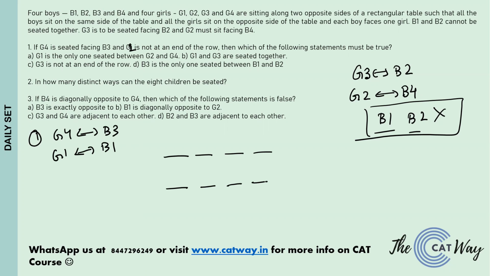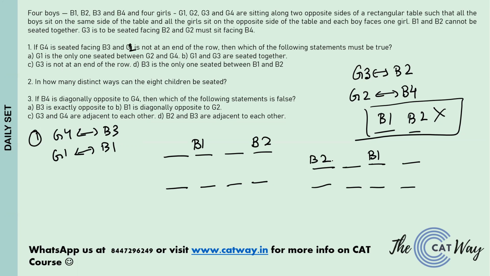Now, if you see, guys, what we know is that G1 is not sitting at the end. That means what is clear is that B1 is not sitting at the end. So there are two possible cases in which B1 is in this position, and in that case, B2 can acquire this position. Or a second case comes up in which B1 is in this position, whereas B2 is in this position.